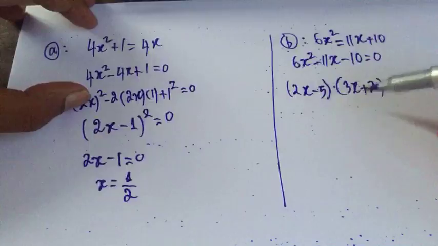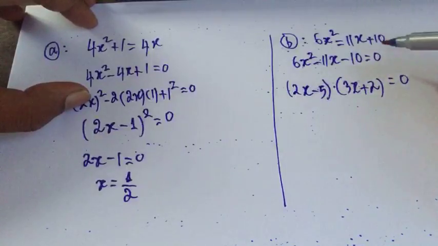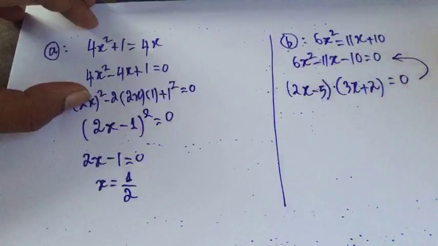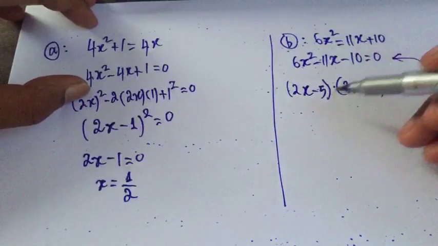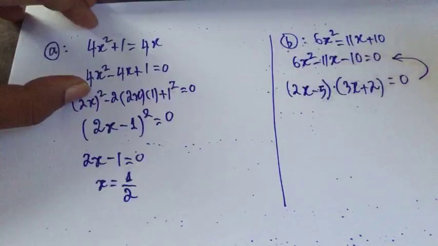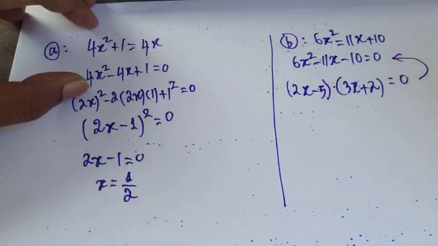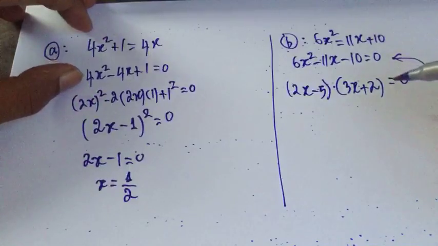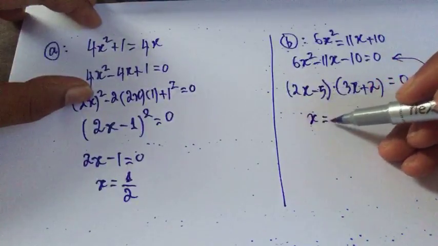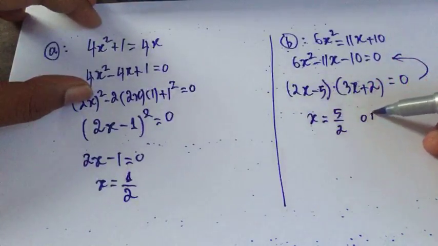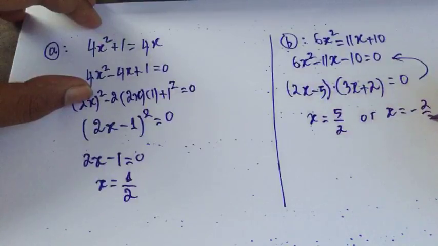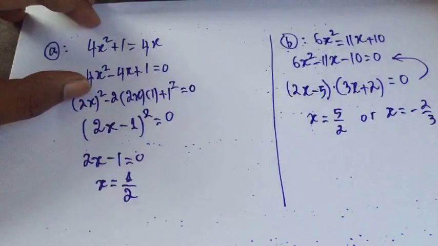When I expand it, we can check the result. So you can use the cross product. And then x equals 5 divided by 2, or x equals minus 2 divided by 3.